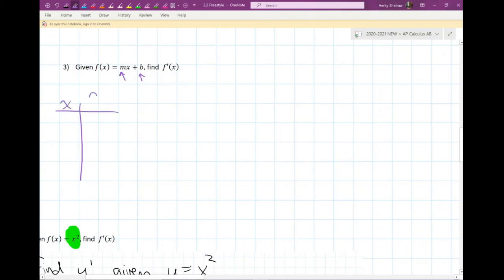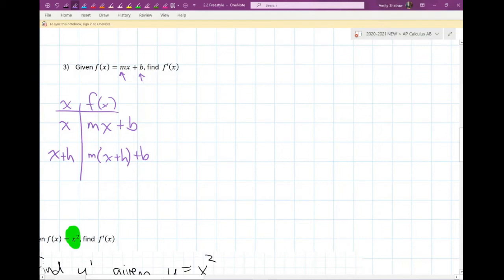We have x and we have f of x, and so if I plug in any old input, I should take that input, multiply it by m, and then add b to it. And if I had any old input plus some tiny incremental amount h, then I would take m and multiply it by that input plus that tiny incremental amount, and then add b to it.